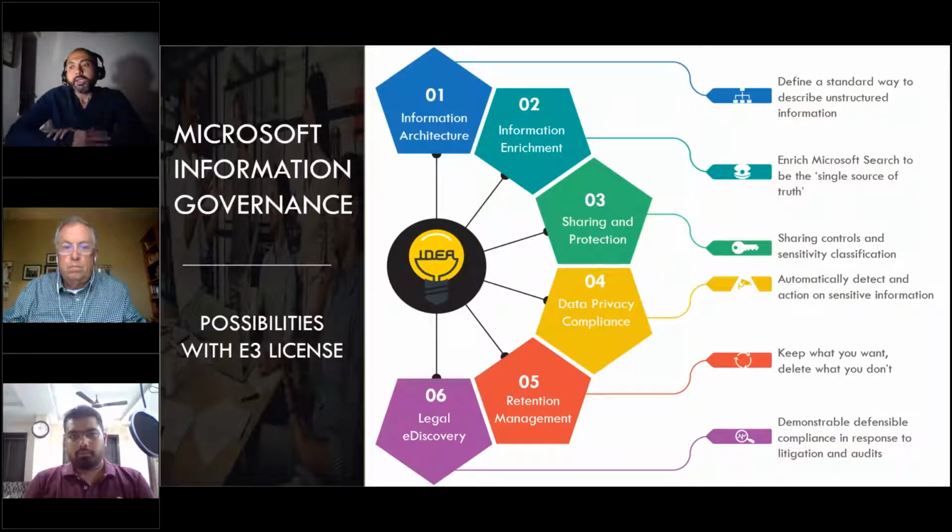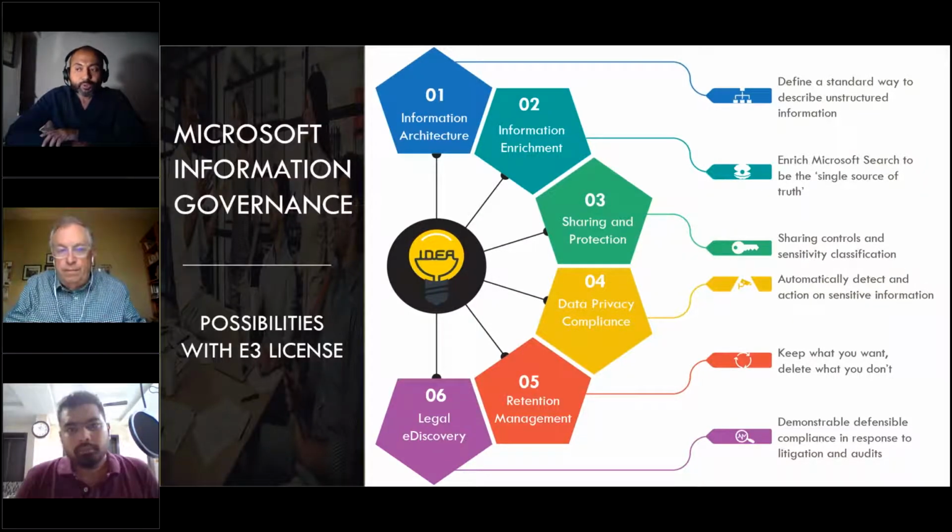Okay, on this slide, I want to start with some of the key components that I have listed here, which are essential and must be part of your architectural foundation and absolutely within the scope of the Microsoft E3 license. I've intentionally not put any Microsoft product descriptions here, which we will come to in the next slide, because we really want to build a layer of information architecture which is not tied to technology, which is technology agnostic.